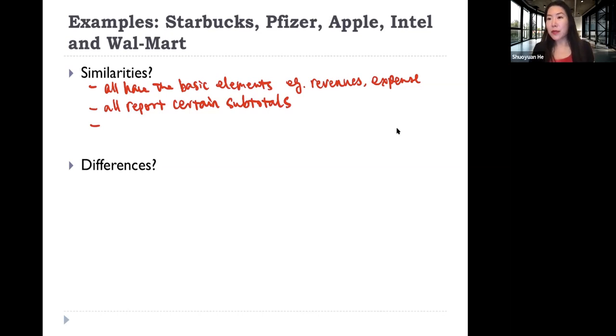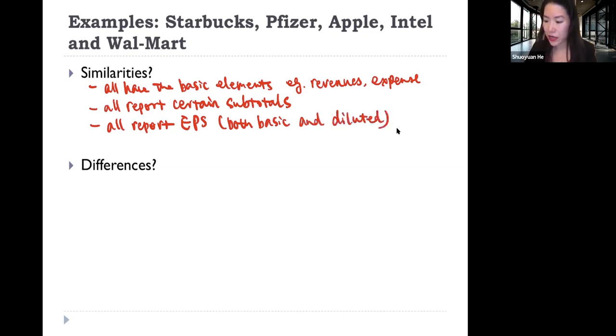So at the bottom of those income statements, you're going to see that all of them have EPS disclosure. And those EPS, they all report both the basic EPS and the diluted EPS.